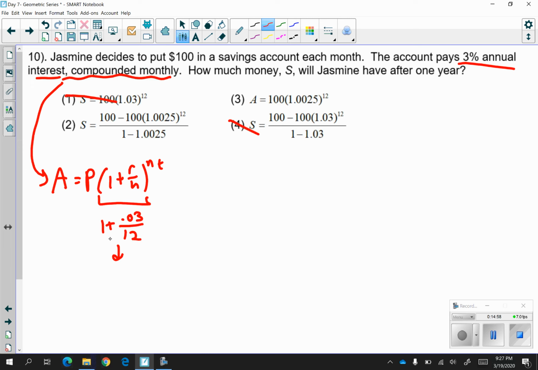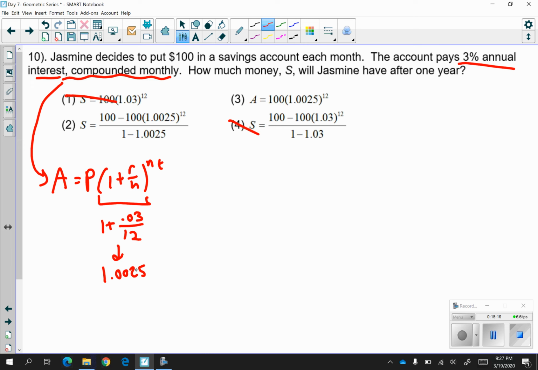And there are 12 months in a year. If you put that in the calculator to find your true growth factor, the true base, you're going to be getting 1.0025. And that's why it's going to be choice 2 or choice 3.